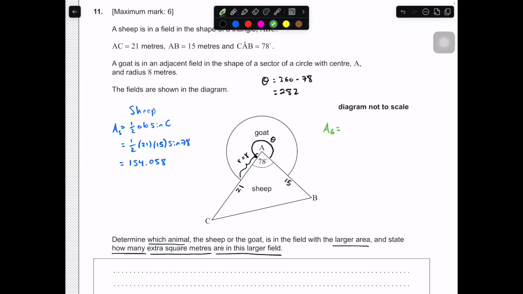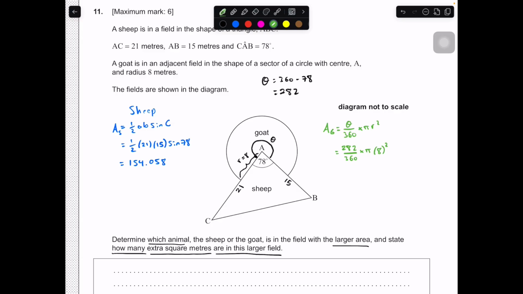So let's look at the area of the goat. It's theta over 360 times pi r squared: 282 over 360 times pi times the radius of 8 squared.